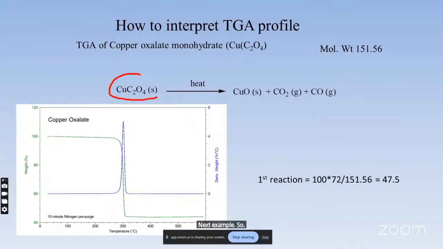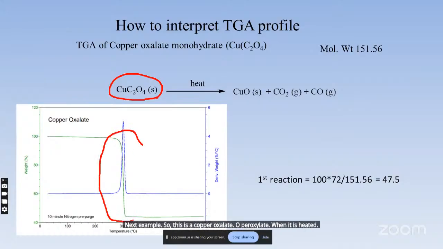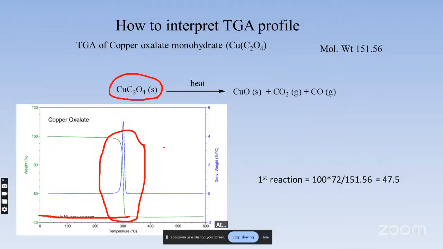So this is copper oxalate. When it is heated, it loses its weight by approximately, you can see, 47.5% weight loss when you heat copper oxalate at 300 degrees centigrade.